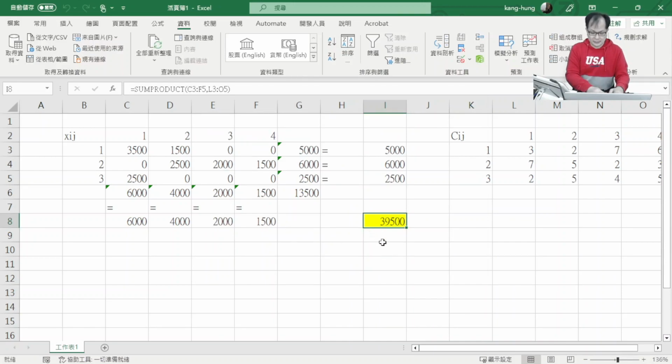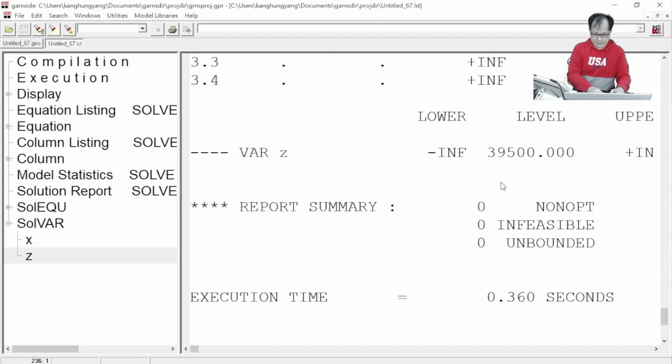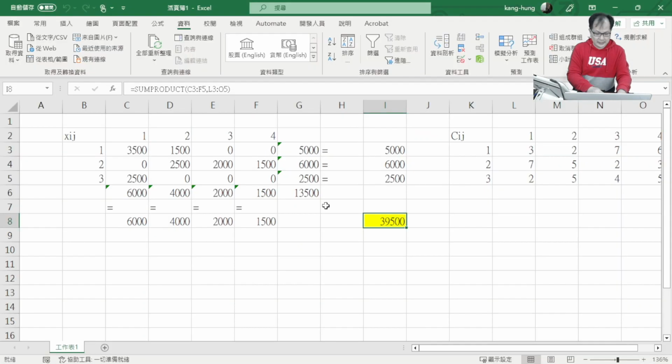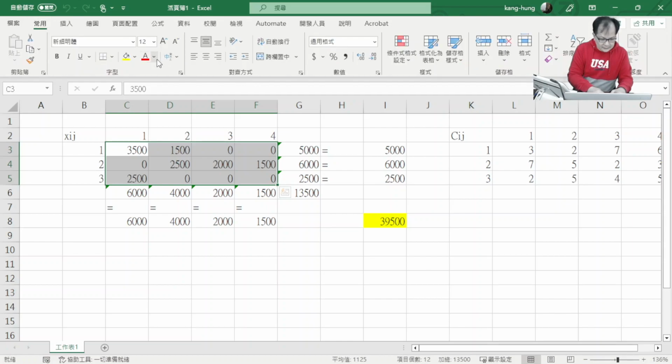Objective value is 39,500, which is exactly from the games, right? So we go to the games, it's the same. And for the decision variable values here, let's see.